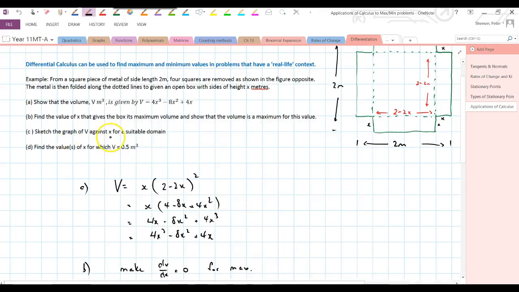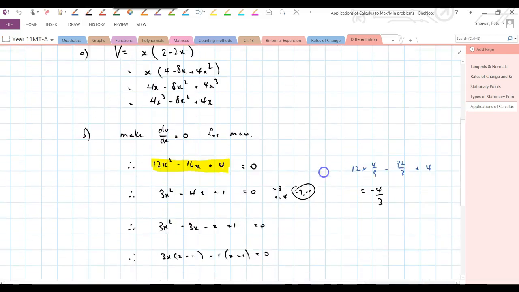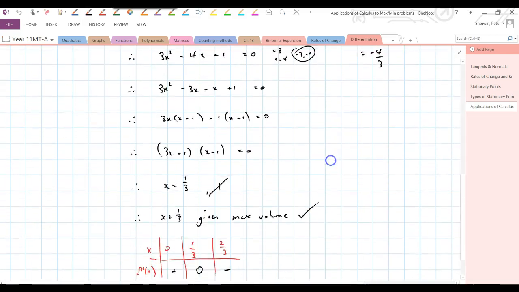So if we go back in: sketch the graph of V against X for a suitable domain. Find the values of X for which V is 0.5 meters cubed. What we haven't done is found the maximum volume at this stage.